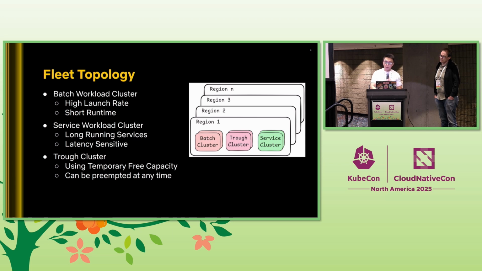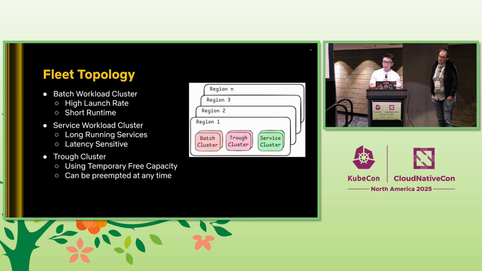We separate the batch and the service workloads into 2 different clusters because their launch patterns are so different, which requires different configuration of both the control plane and data plane components. For instance, batch workloads often come in bursts, requiring rapid scaling across nodes and generating steep I/O patterns on etcd.